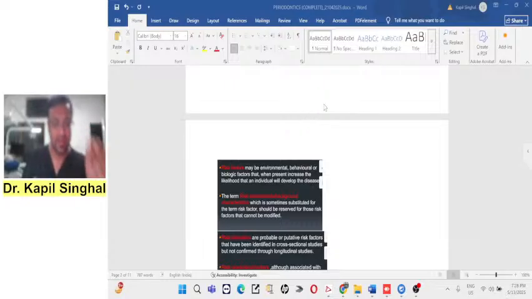A risk indicator is basically those factors that can be identified in cross-sectional studies but not in longitudinal studies.